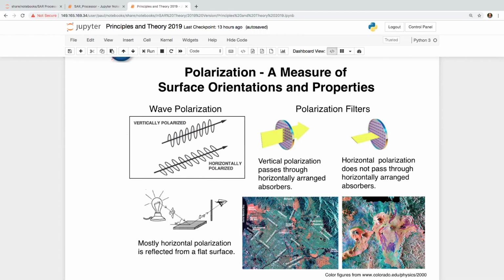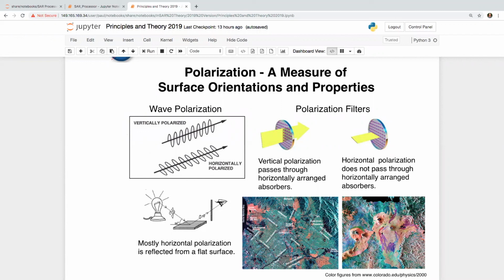Here's an example from the Los Angeles area showing the city of Los Angeles with very different colors depending on where you are. And this has to do with the arrangements of the streets and buildings relative to the flight direction, the look direction of the radar. So here in, what is that, Santa Monica?